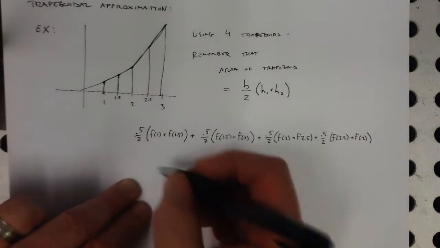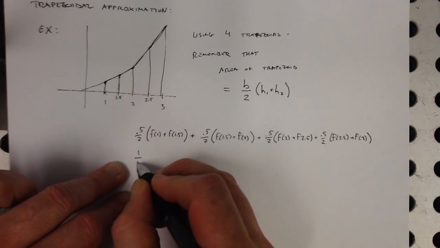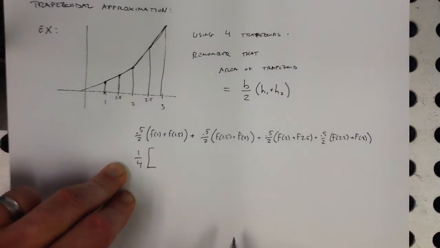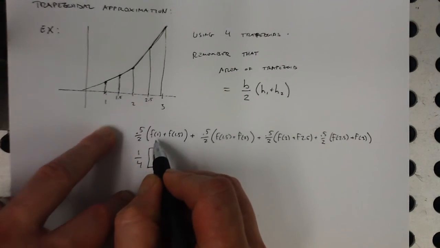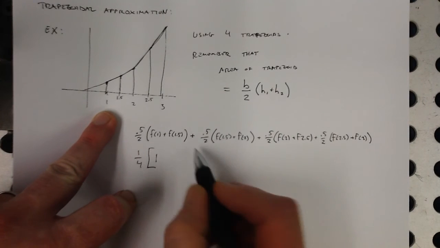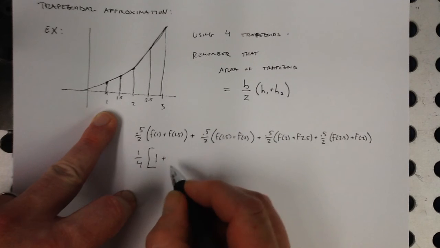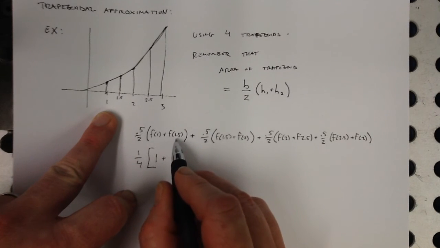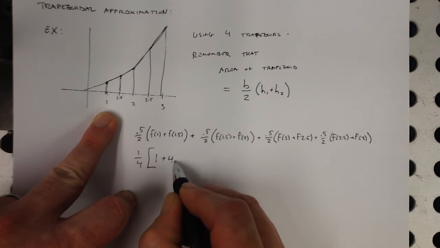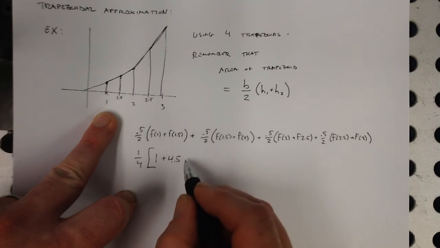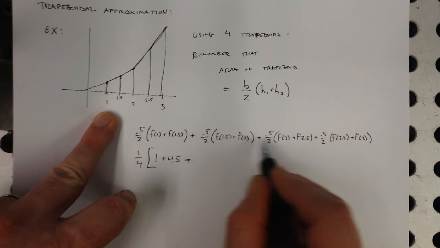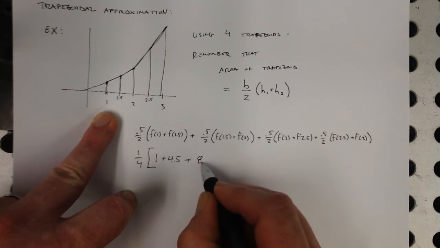And doing a little simplifying, you can see there's a 1/4 that factors out everywhere. F of 1 is 1. I've got 2 of these, so that's f of 1.5 is 2.25. 2 of those is 4.5. And then I've got 2 of these. F of 2 is 4, so 2 of those is 8.